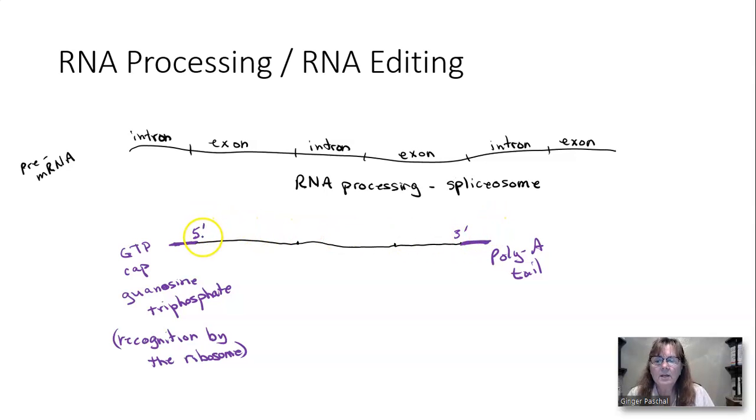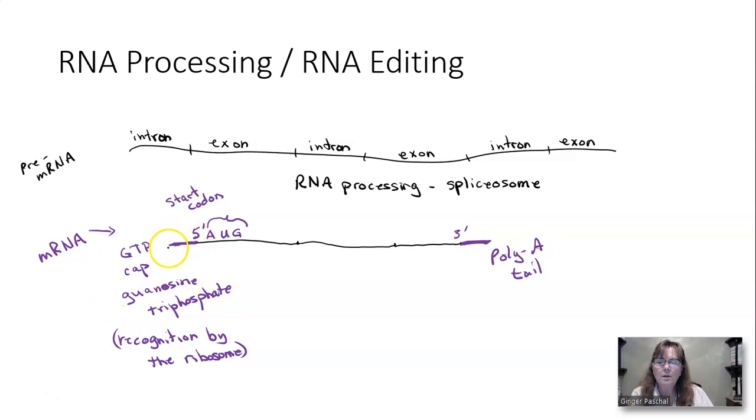So right here next to this 5', we have an A, we have a U, and we have a G. If you think about when we start school in August, the abbreviation for August is AUG. Well, that makes it easy to remember that AUG is the start codon on this mRNA.